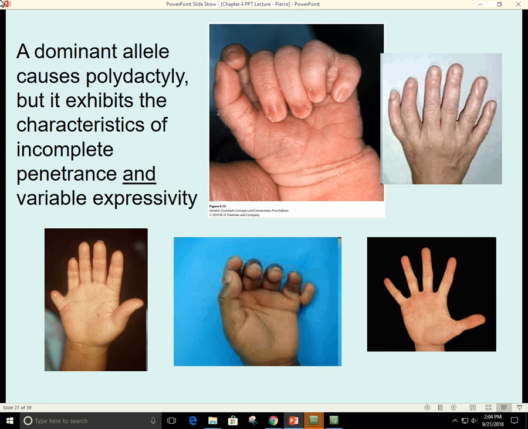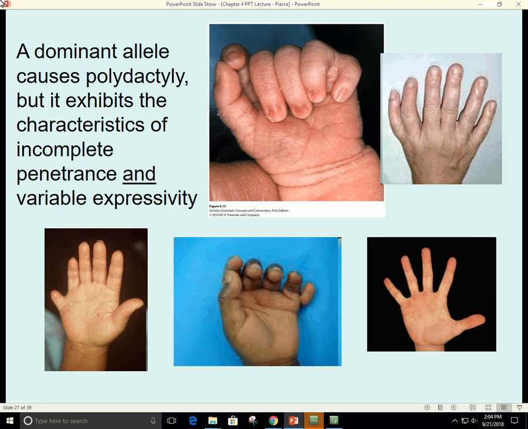But for polydactyly, an extra finger, I give you this example. Pretend like these individuals are all related. So they've all inherited a dominant allele for polydactyly from the same family tree, and yet some individuals have a fully formed extra finger and some just have a little nub. The ones that have a little nub, that's going to be easy to correct surgically.